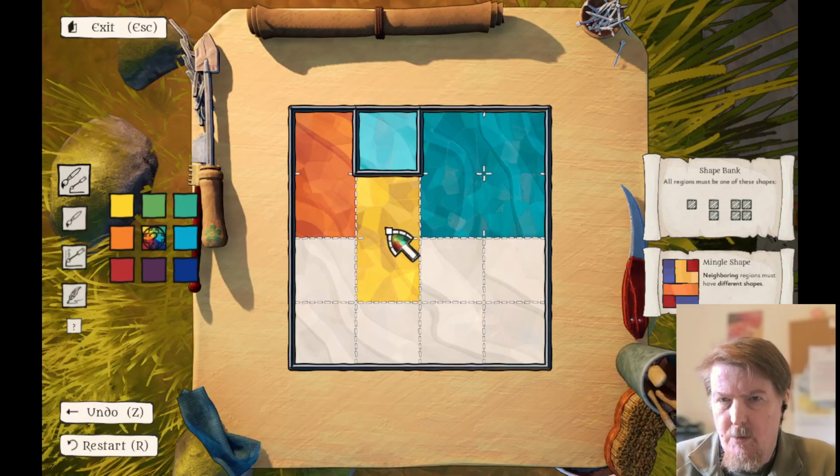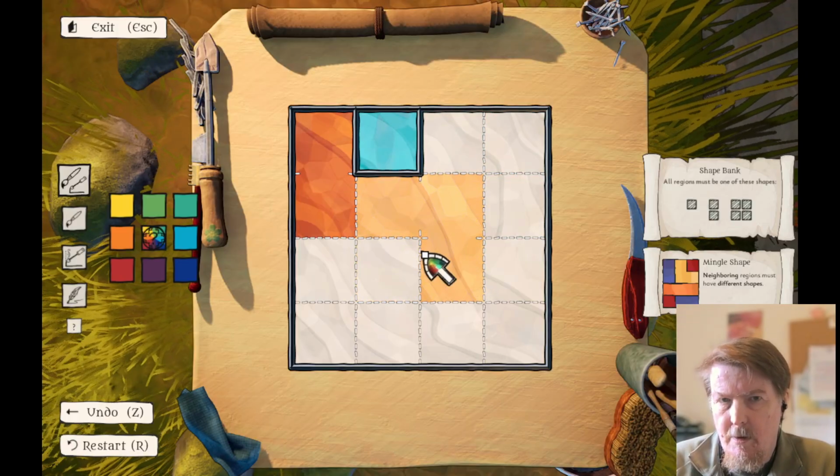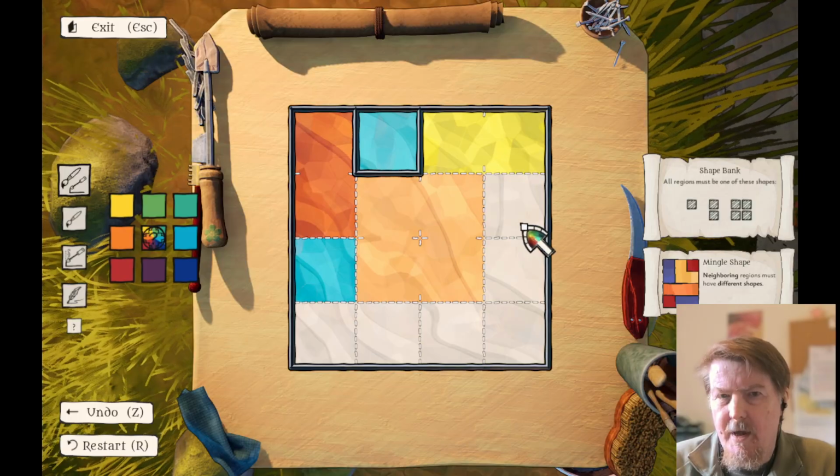No, that's not going to work because this cannot have another 2x1 next to it.